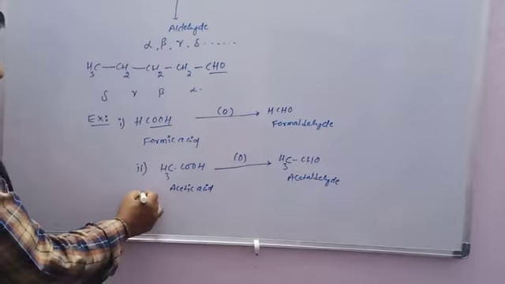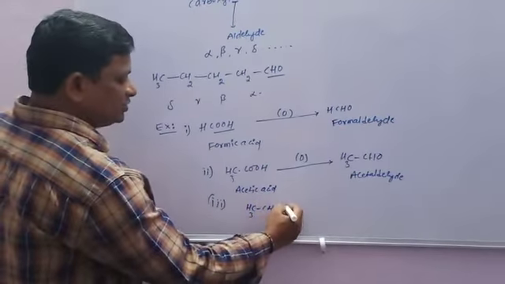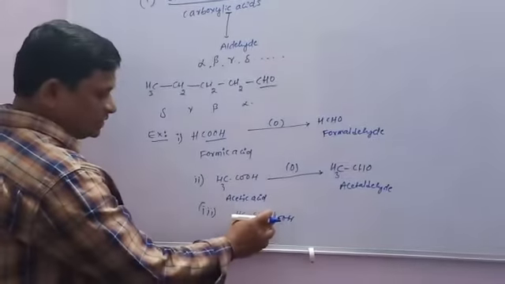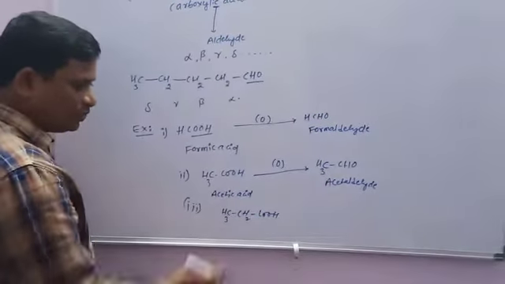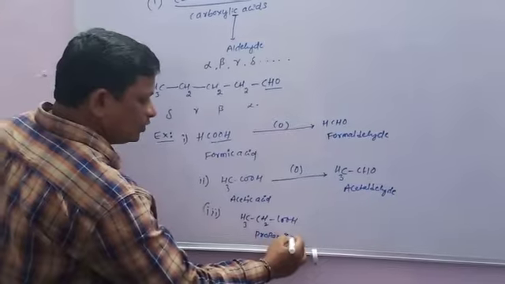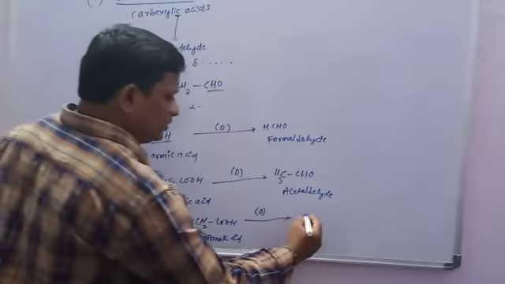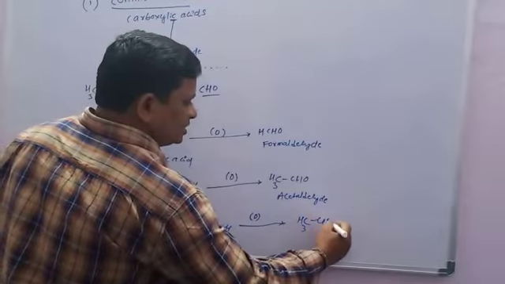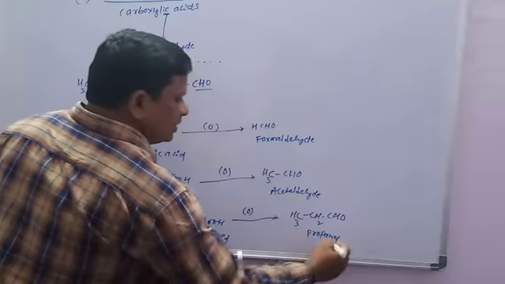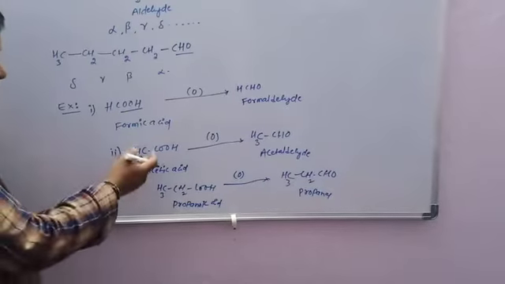The third example is CH3CH2COOH. The number of carbons is 1, 2, 3, so it is propanoic acid. Oxidation of propanoic acid gives CH3CH2CHO, which is propanal. So aldehydes are derived from the oxidation of the corresponding carboxylic acids.